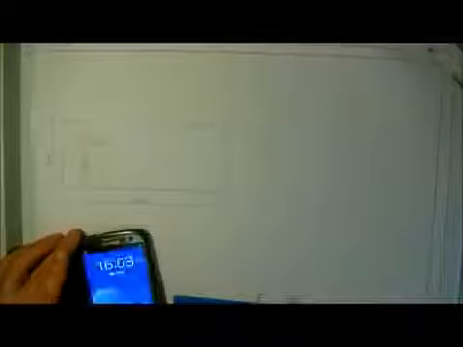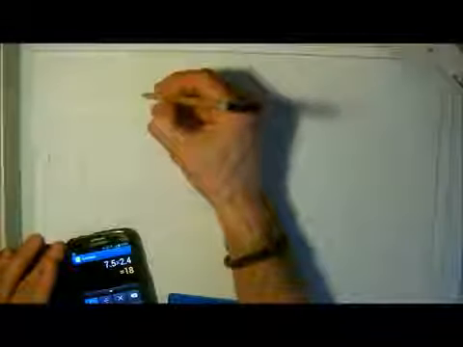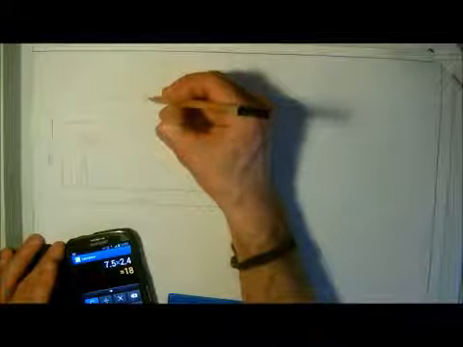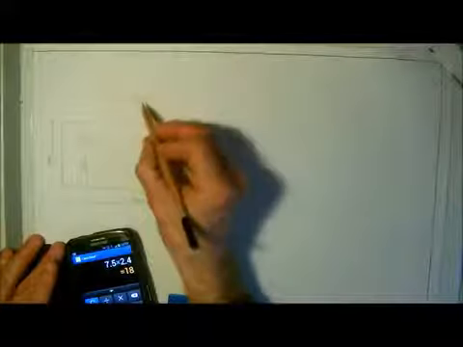So to get the total surface area, we need to first of all go 7.5 multiplied by 2.4 equals, so we have 18 square meters, squared, underlined as we always say.